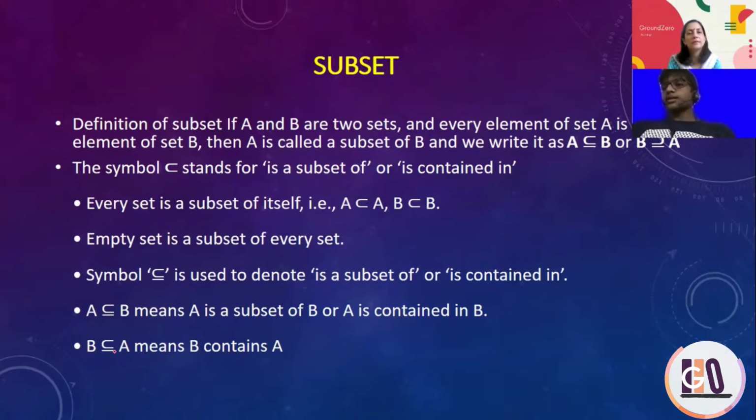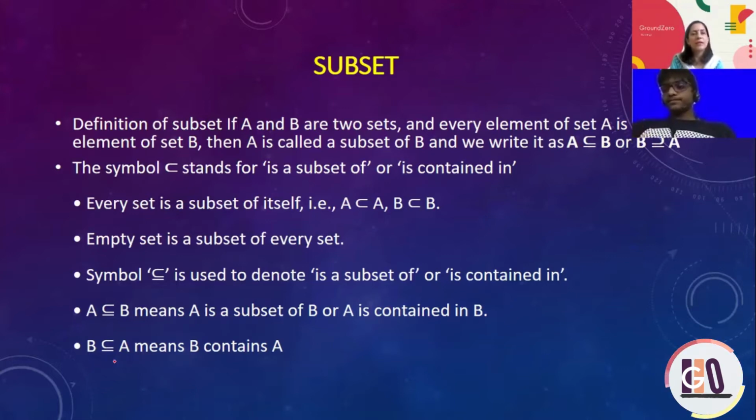If you go up to the first bullet point, both of them are the same, because the symbol is facing the other side, so they have just replaced B and A. This also indicates that A is a subset of B. It's exactly the same thing.